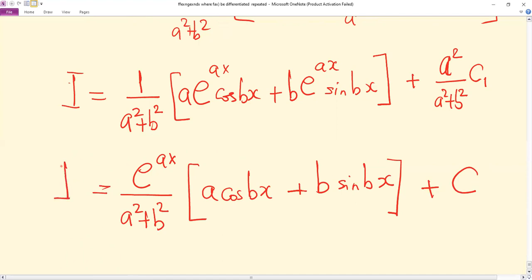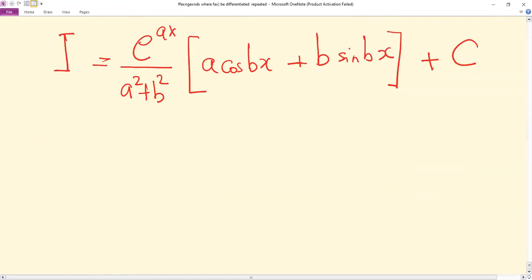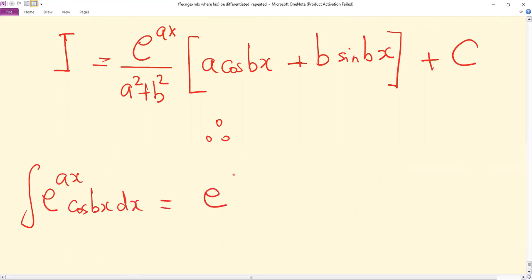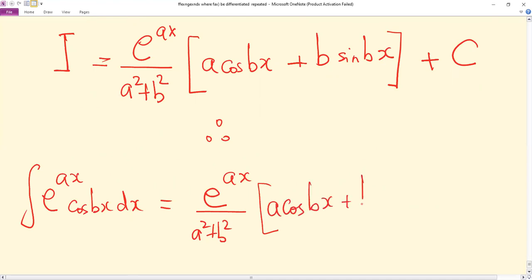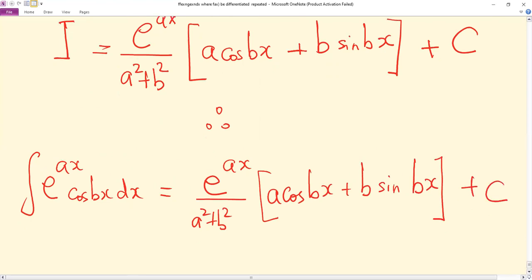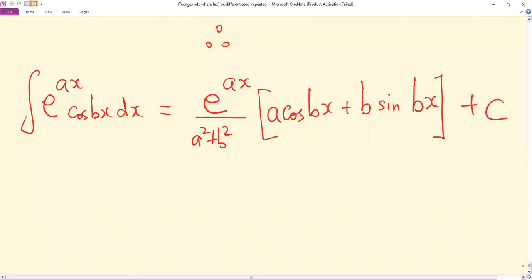So this is the integral I. Therefore, the integral of e raised power ax times cosine of bx dx is e raised power ax over a squared plus b squared into a cosine of bx plus b sine of bx, plus c. So that's how we find the solution to that problem.